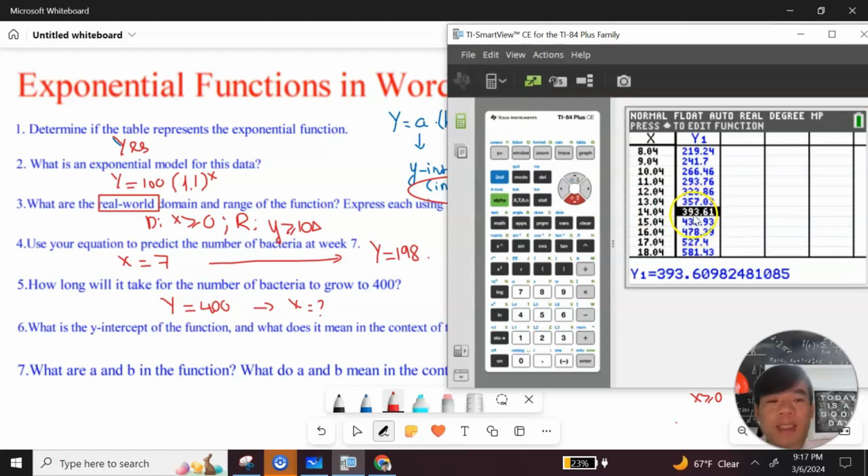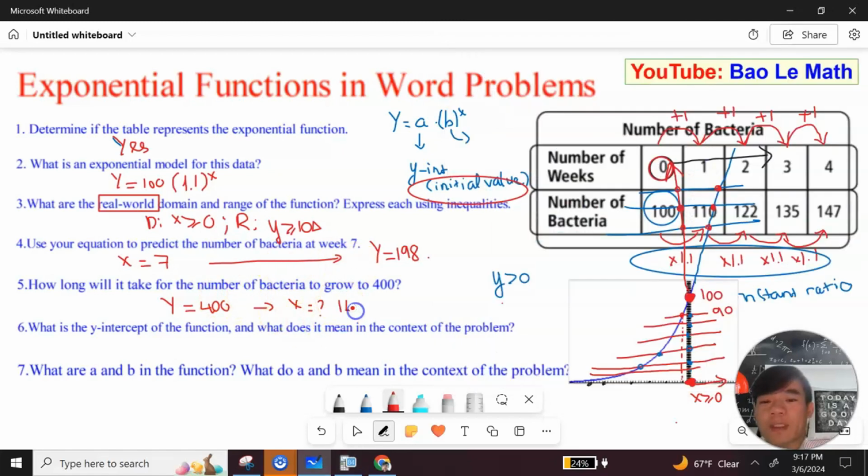So you look at these two numbers and pick the number that's close to 400, which is 393. Corresponding to 393, the x value should be 14.04. So you just round it, so it should be roughly 14 weeks. You see that?